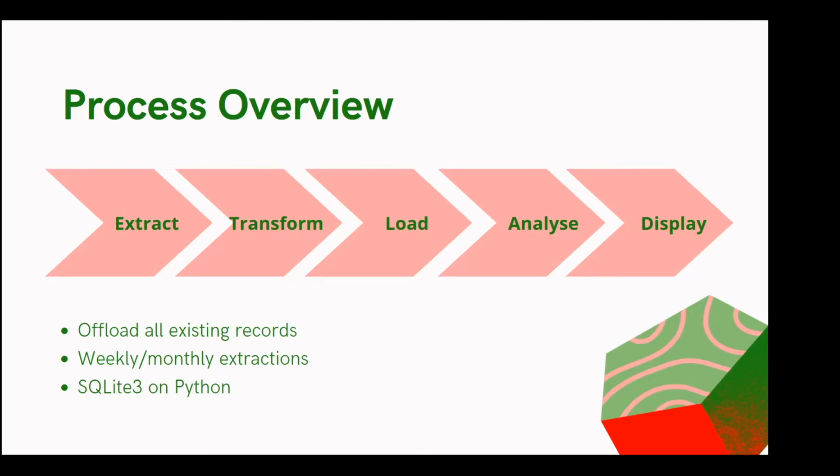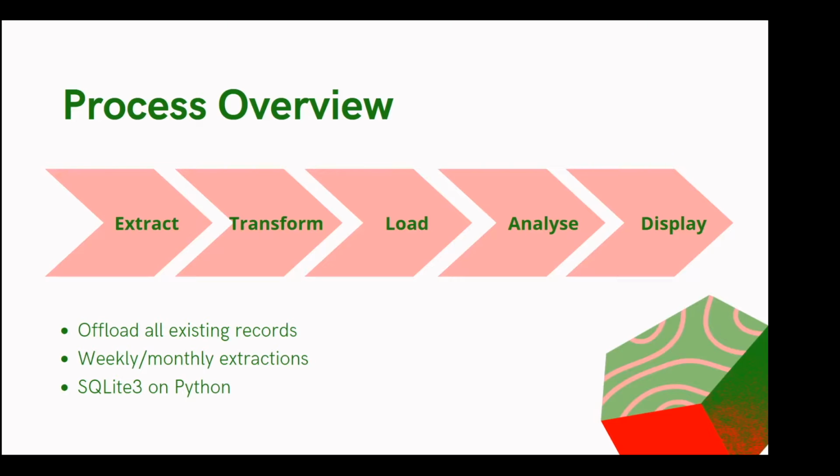And then the load is obviously the final part of this process, which is where you put the transformed data on this new database. And the end goal is to have an offloaded data warehouse. So the data warehouse is similar to a database in almost every way, except it's designed in a way to streamline queries.